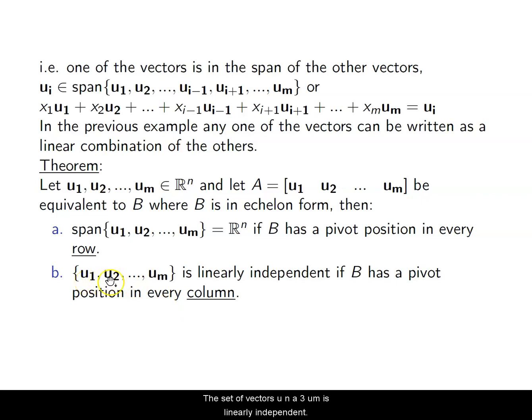The set of vectors u1 up through um is linearly independent if B has a pivot position in every column. So to check for linear independence, we're looking along the columns for a pivot position in every column. If there's a pivot position in every row, then I have a spanning set of vectors. For a spanning set, I'm looking for pivot positions in the rows. For linear independence, I'm looking for pivot positions in the columns.